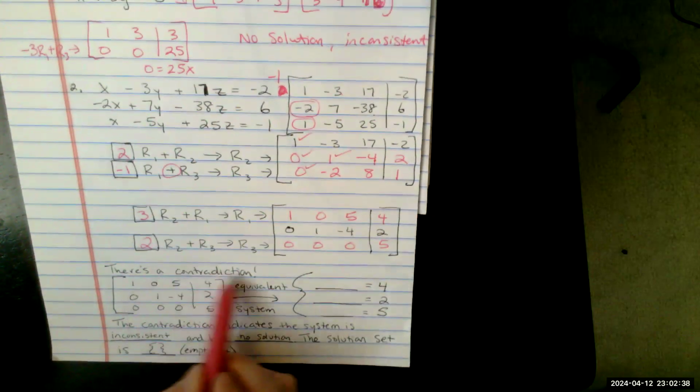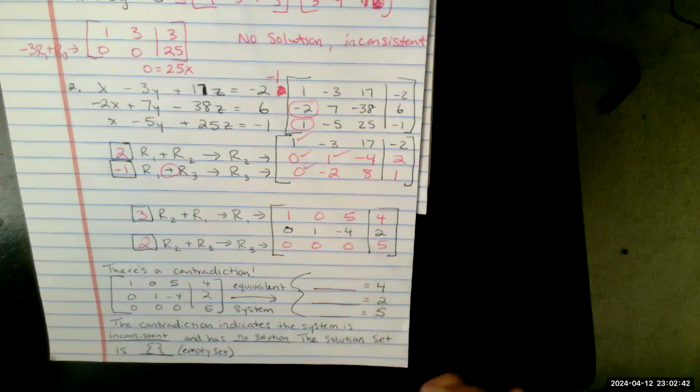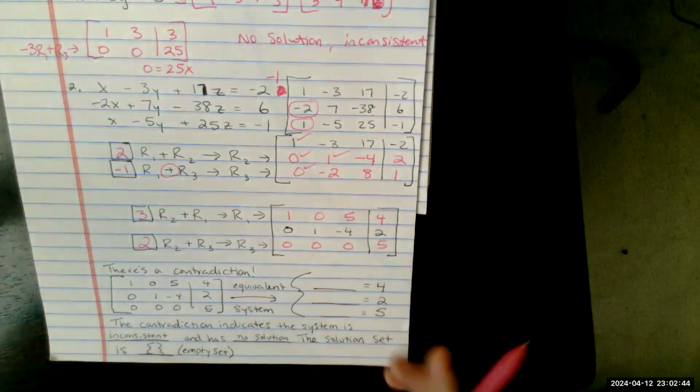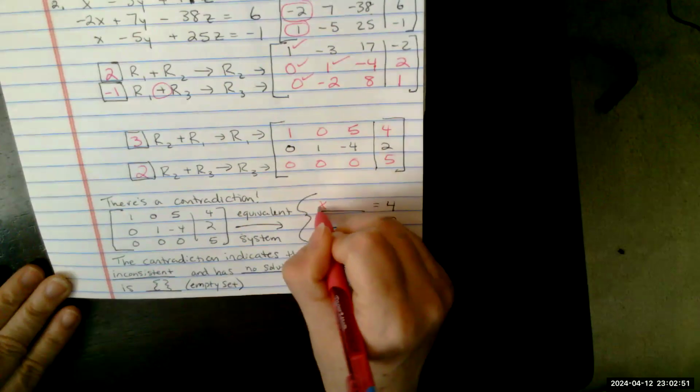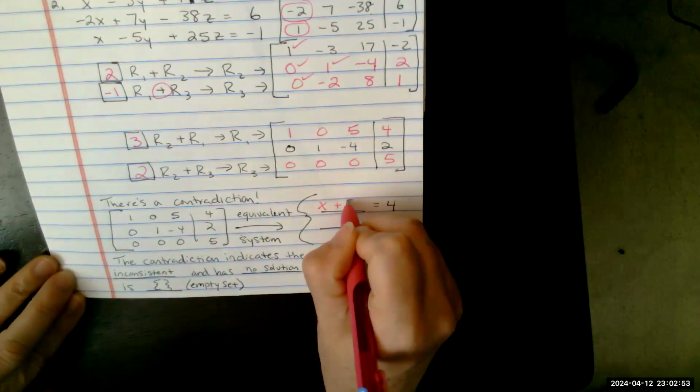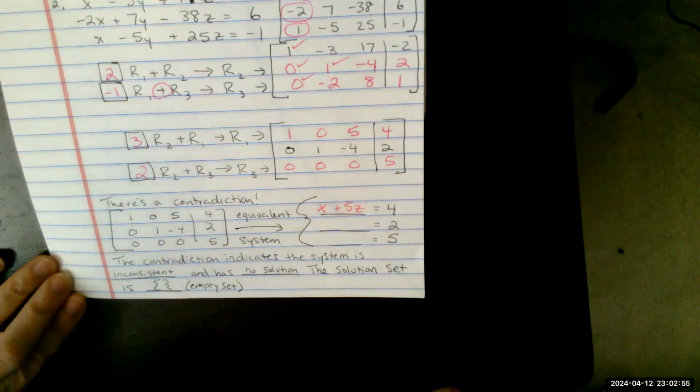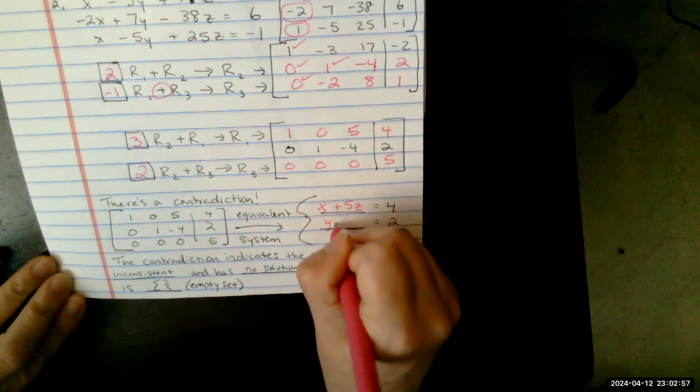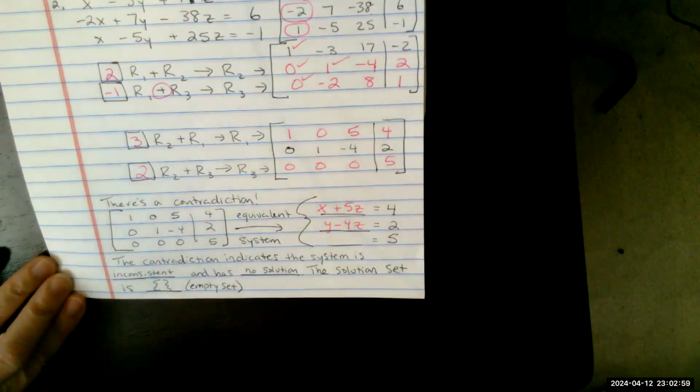So there's a contradiction, which is what they call something like this, right? So we know it's going to be no solution. But first, they're just asking us to write out what this new thing means. So it means x plus 5z would equal 4. Y minus 4z would equal 2.